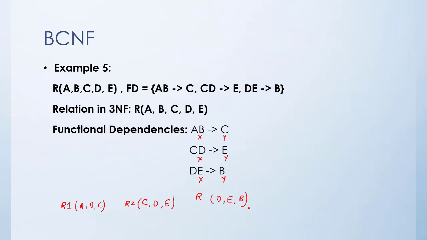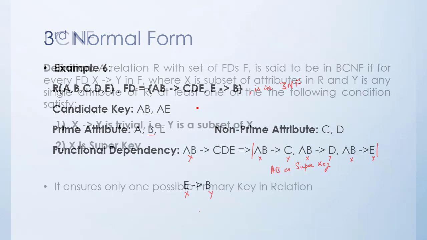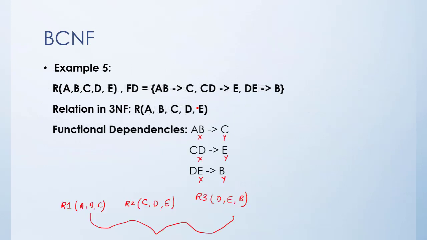The relation R, which was in 3NF, was not in BCNF. So here we have decomposed it into three relations which are in BCNF. You can see that in the actual relation R, ABD, ACD and ADE are the candidate keys. There is a possibility of three primary keys, but when we decompose it into its BCNF form, each and every relation will have only one primary key.